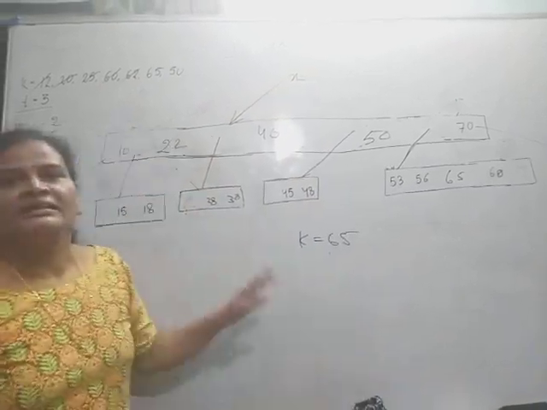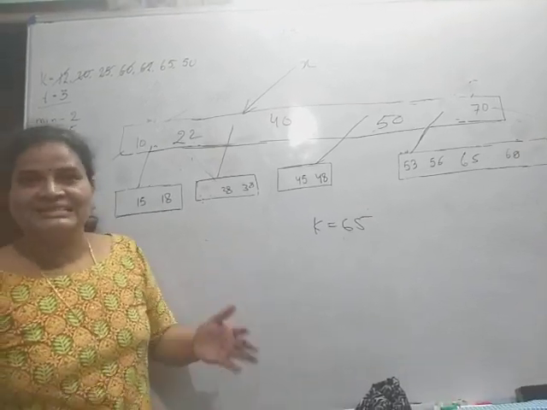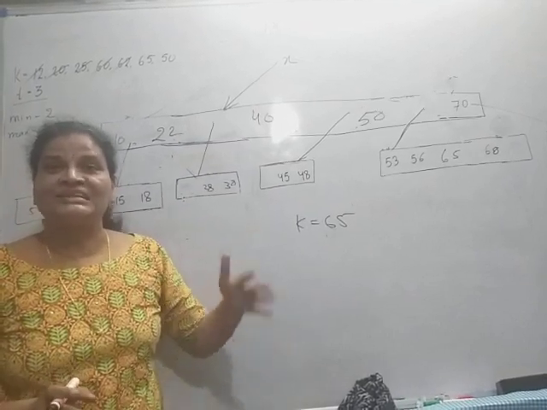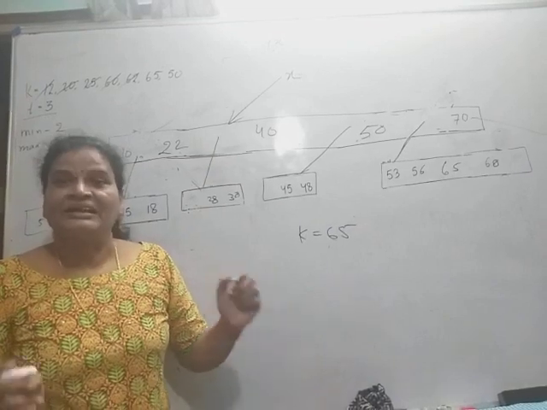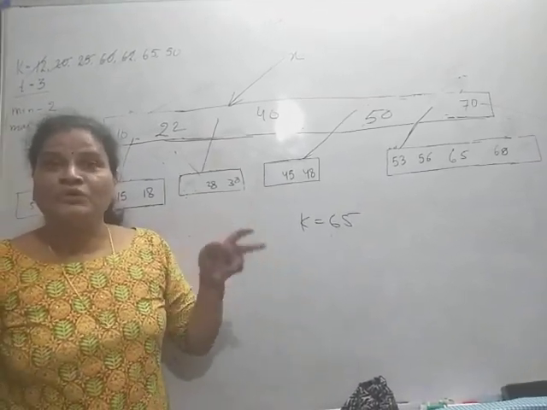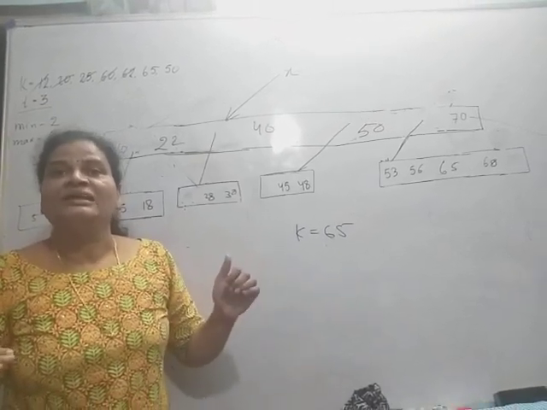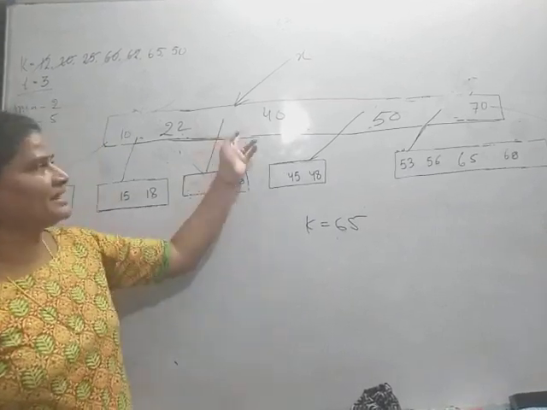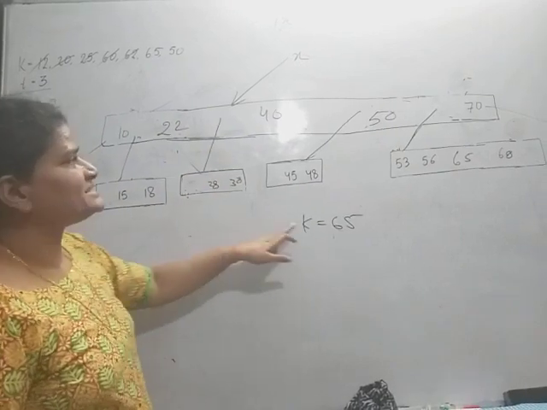In this way the height of the tree is reduced by 1, just as the height of the tree is increased in the case of insertion when the root is full and it is split. Here in the case of deletion, when both children of the root contain t minus 1 keys, then before moving down we have to merge these two nodes, and then finally the problem is converted to delete 65.